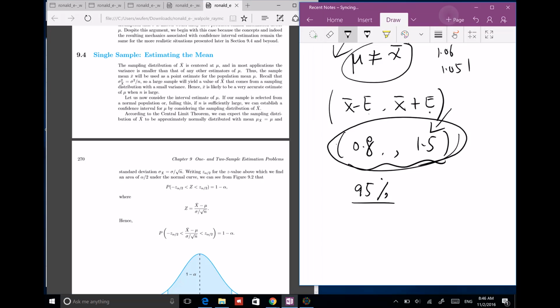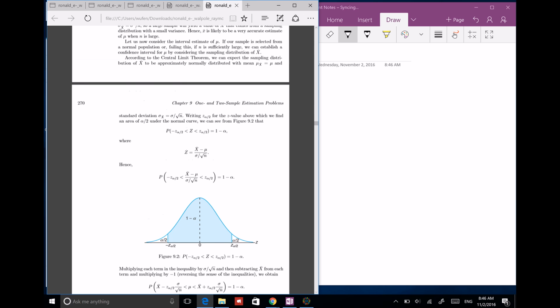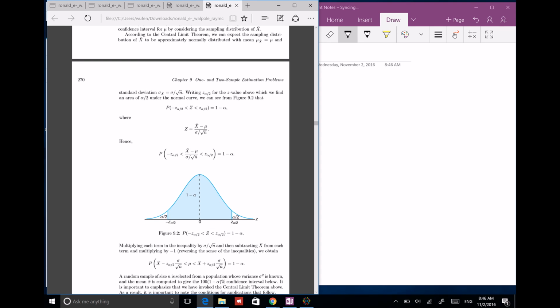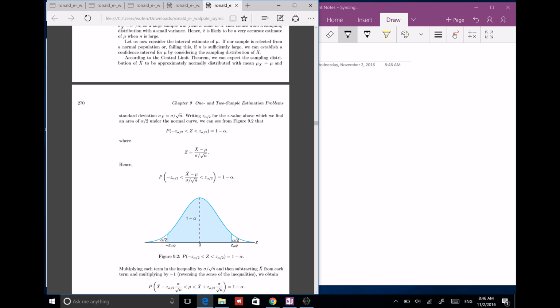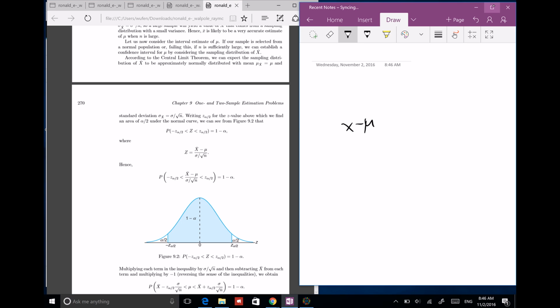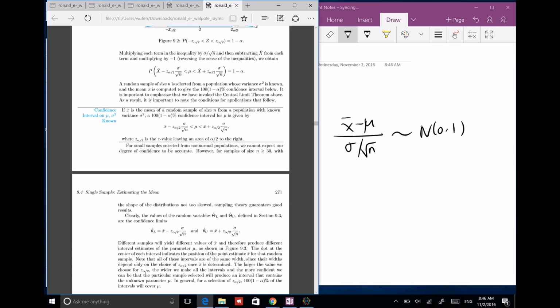So let's look at the single sample estimate of the mean value. Please read this. It's just the sampling distribution again. What do we have previously? X bar minus mu over sigma over square root of n is a standard normal distribution 0, 1. So what do we have when sigma is known?